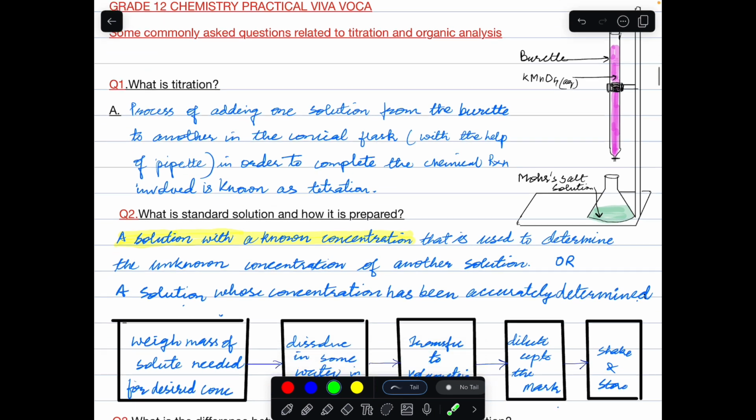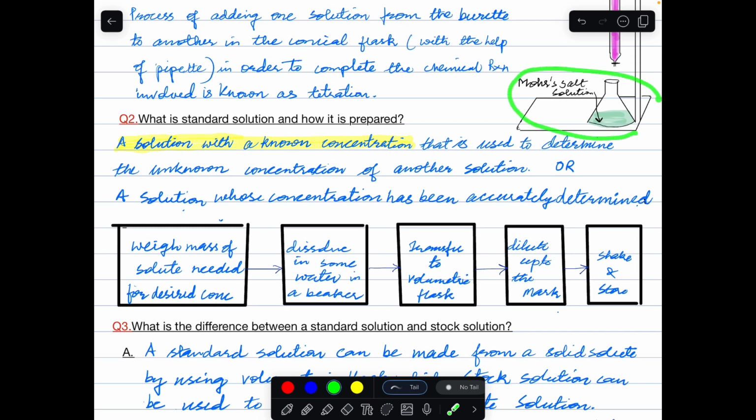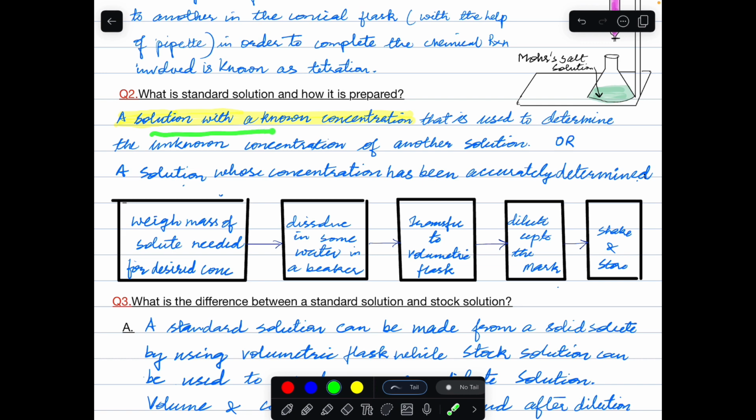Second question, what is a standard solution and how is it prepared? In your practical you have prepared a standard solution of Mohr's salt. Why are we calling it a standard solution? A solution with a known concentration that is used to find out the unknown concentration of another solution.